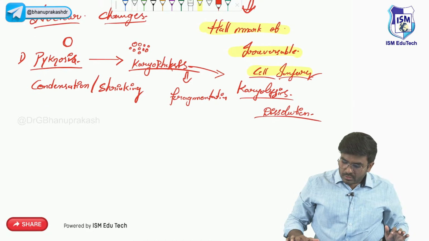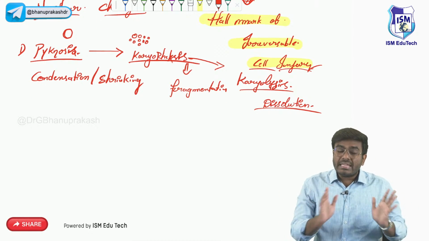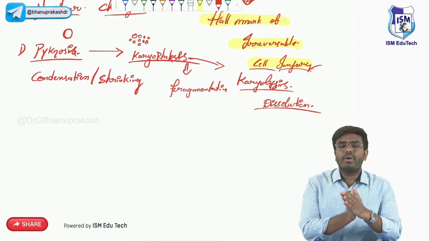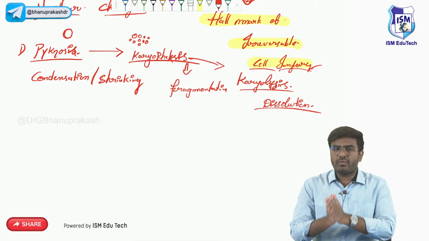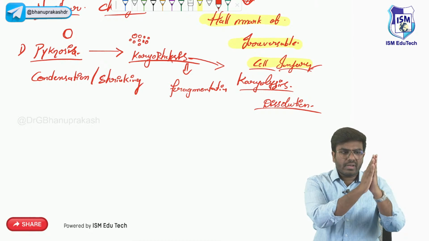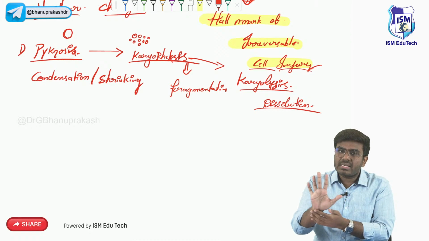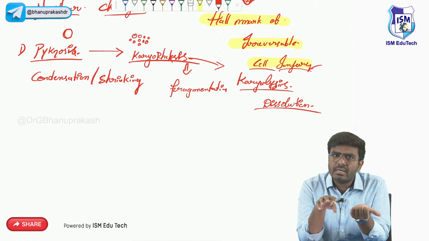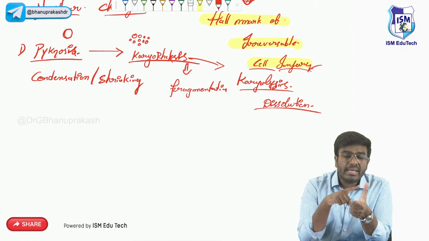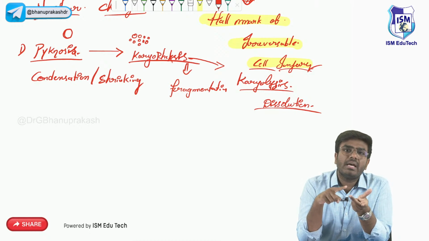Now, the events which happen in irreversible cell injury, we have also discussed. First, stress. Whenever there is stress, cells will try to adapt. We haven't discussed cellular adaptations yet; we'll discuss them in the next class, things like hypertrophy, hyperplasia, metaplasia.